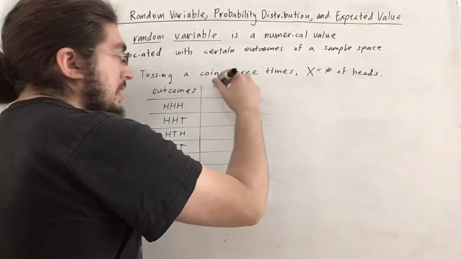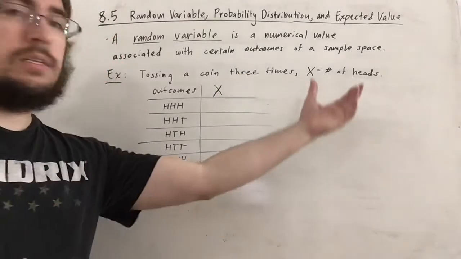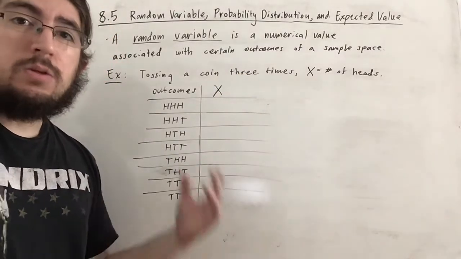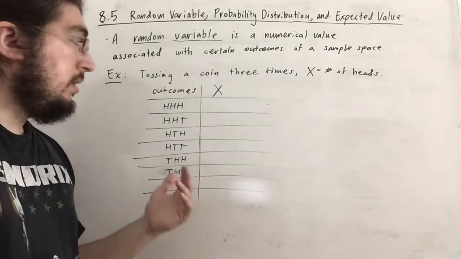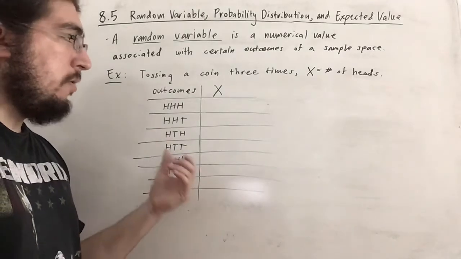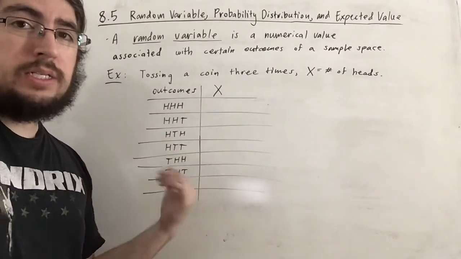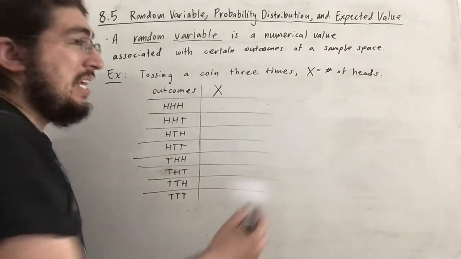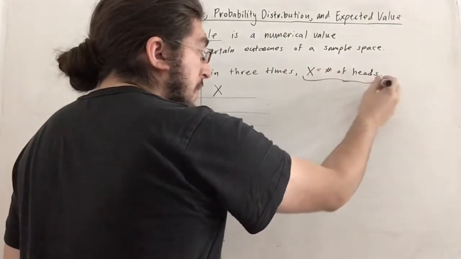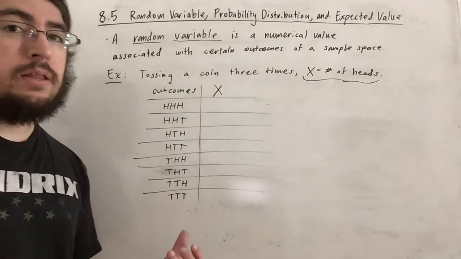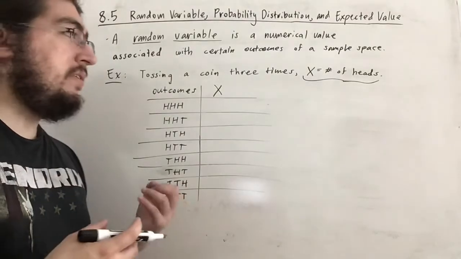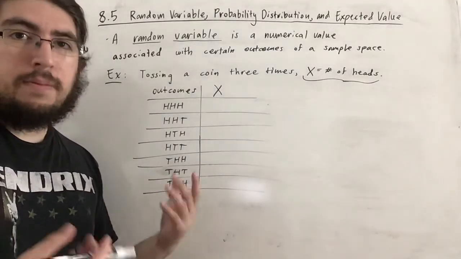Now, x in this case is assigned to be the number of heads. So this will be a random variable. What x represents is a number that corresponds to each of these events, and this is the specific assignment we're looking at. Depending on the problem, you'll see what the specific assignment is, and that'll be your random variable.